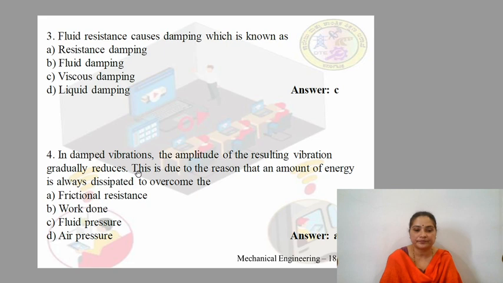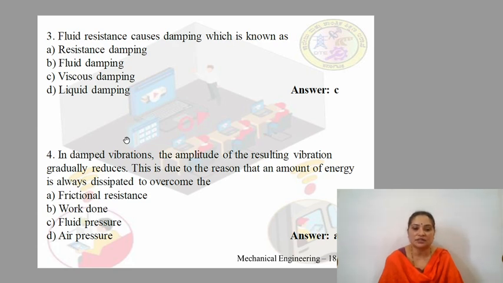The fourth one: in damped vibrations, the amplitude of the resulting vibration gradually reduces. This is due to the reason that an amount of energy is always dissipated to overcome the frictional resistance, work done, fluid pressure and air pressure. We know that in damped vibrations, the amplitude of the resulting vibration will decrease gradually with respect to time.